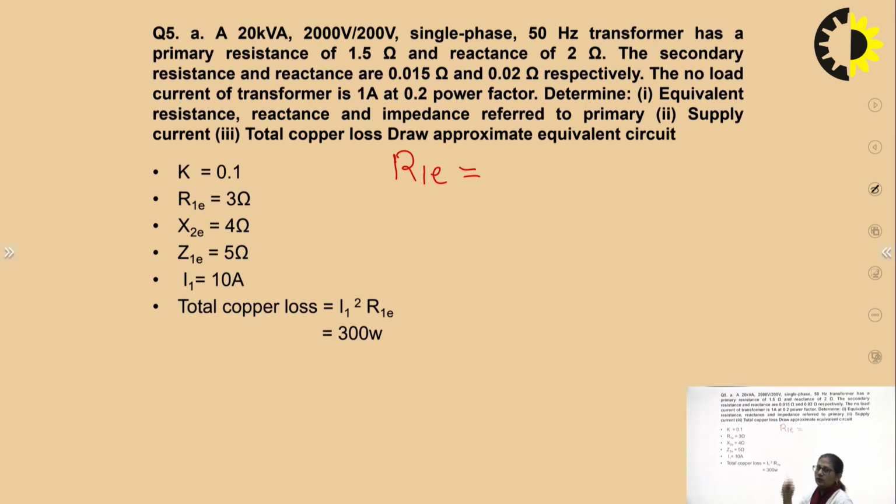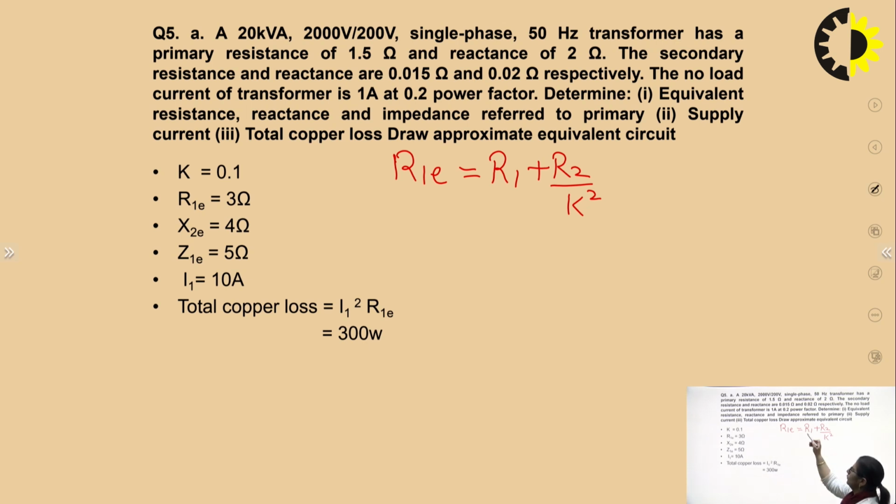Now, that is given by the primary resistance, as it is not going to change, plus the secondary resistance R2 referred towards the primary side, so its value changes and becomes R2 dash, and that is given by R2 by K square. Where, once again, what is K? K is the transformation ratio, given by V2 by V1, E2 by E1. So first we need to find how much K is.